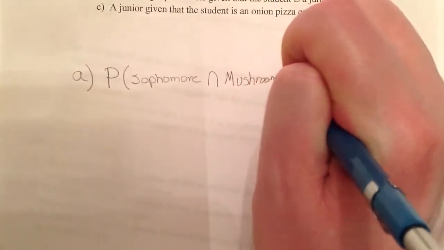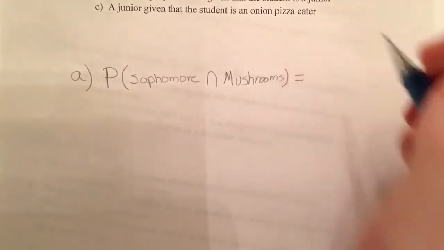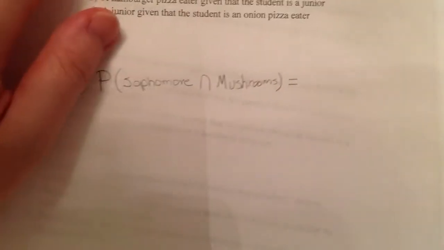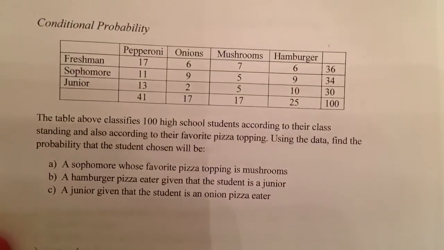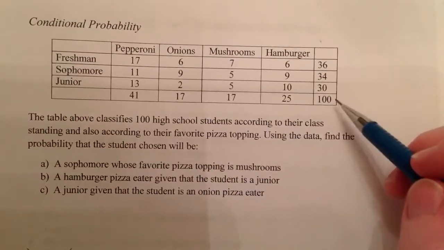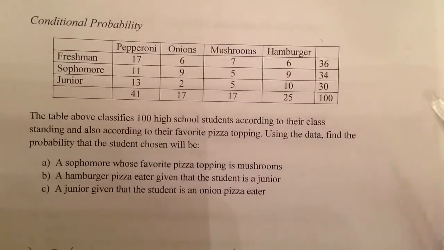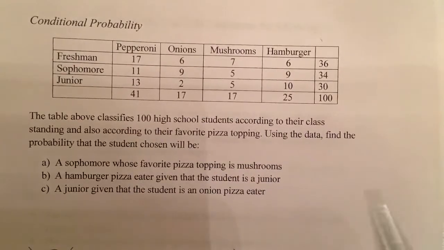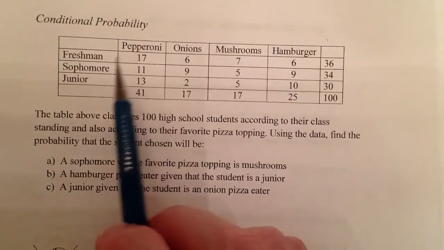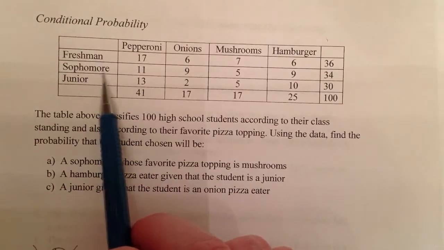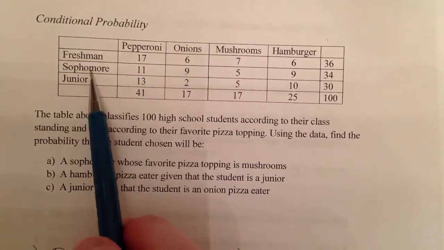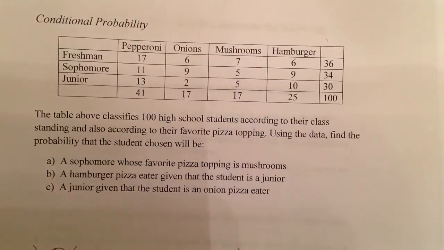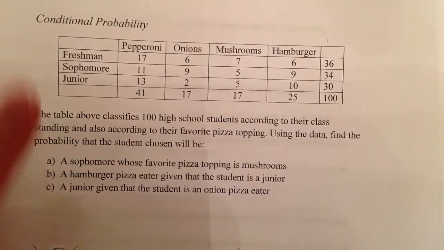You have a total of 100 people by class and also by favorite pizza topping. For sophomores whose favorite pizza topping is mushrooms, we have only 5 of them.